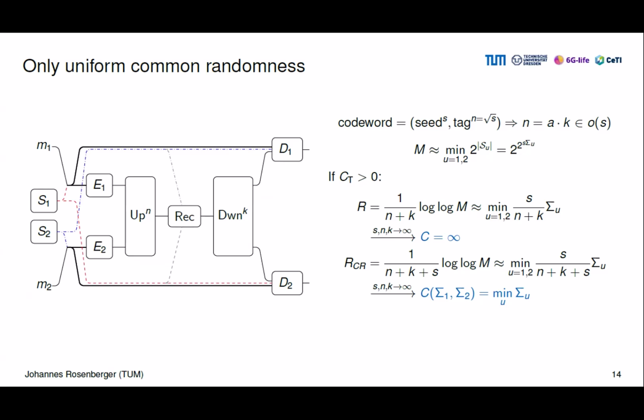If we just use a transmission code underlying, even then k would be approximately n, and it would still be asymptotically irrelevant compared to s. So since s is approximately n squared, s grows much larger than n and k. Therefore, the first capacity would be infinity.